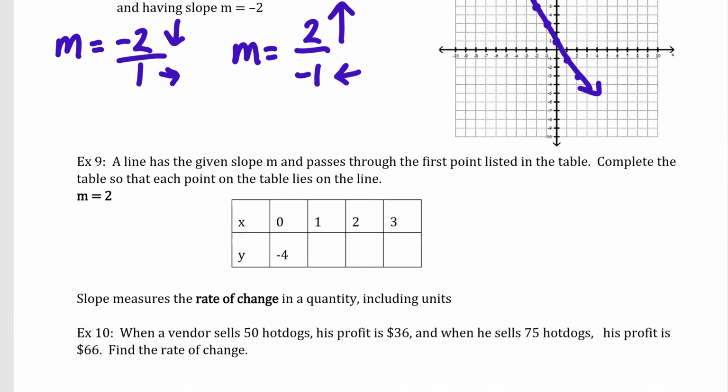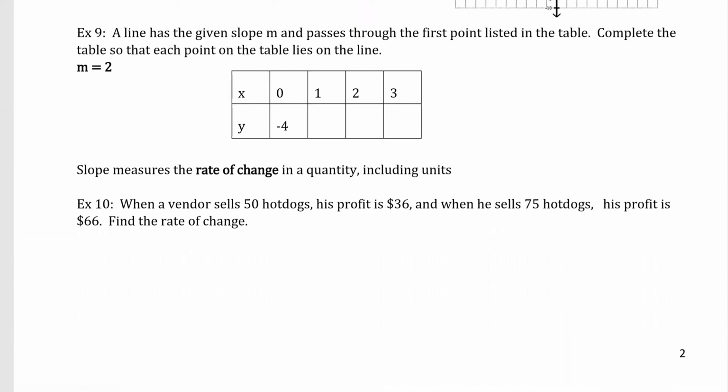Example 9. A line has the given slope m and passes through the first point listed in the table. Complete the table so that each point on the table lies on the line. Well, here's the way this works. The slope is basically 2 over 1.